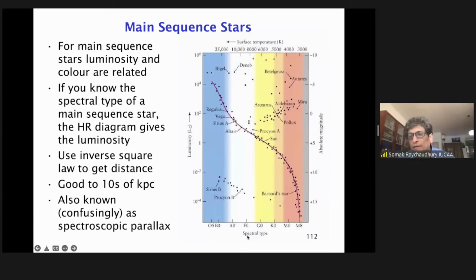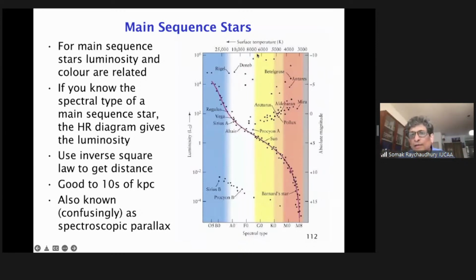And on the x-axis is a measure of the color of the star, or the temperature of the star, because stars are black bodies. Their colors are related, of course, to the temperatures. Color is nothing but the ratio of two fluxes at two different wavelengths, and this is fixed for a black body curve.